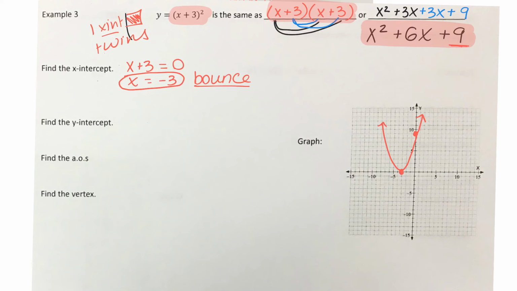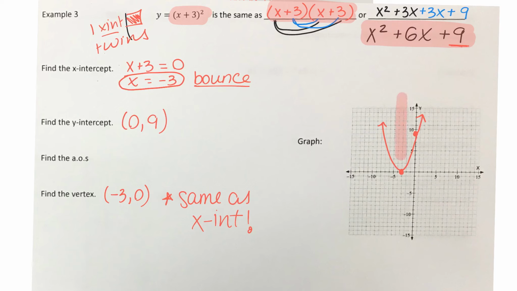Now, where is the vertex? It's right here. The vertex is at (-3, 0). This is super easy because it's the same as the x-intercept. So it kind of looks complicated, but it's actually pretty easy. Come back up here to the y-intercept. We said our y-intercept was at 9. And then the axis of symmetry, remember, is where it gets cut in half.